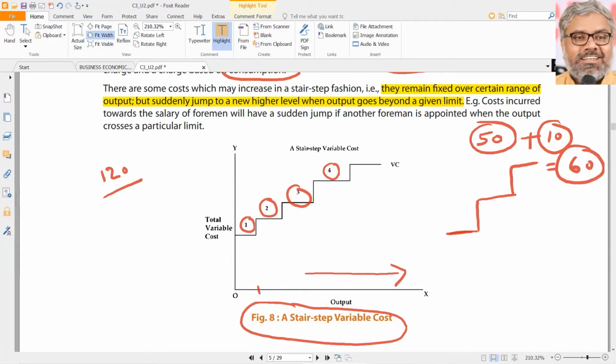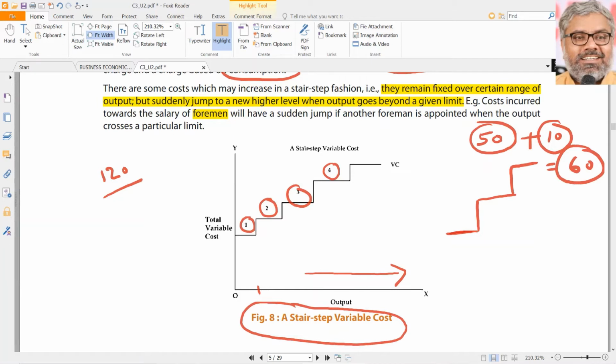So similarly, same example can be taken to a manufacturing organization. Let us say one foreman is required. Foreman is something like supervisor. Let us say one foreman can have a supervision of 2 machines only at a time.